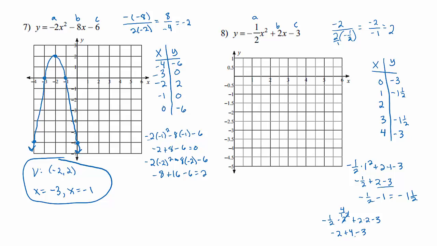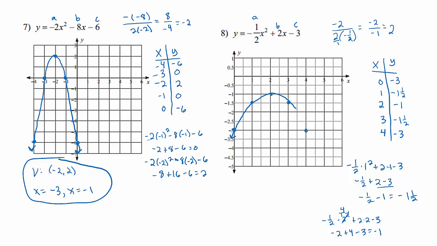And so now we've got all our points, and we can graph this. 0, -3, 1, -1/2, 3, -1/2, 4, -3. So there's our parabola. Our vertex is 2, -1.